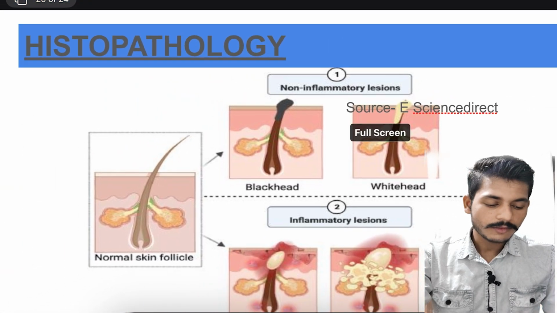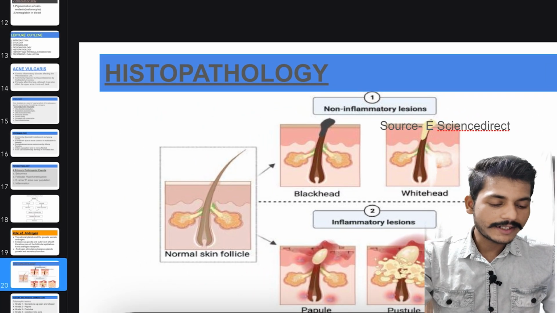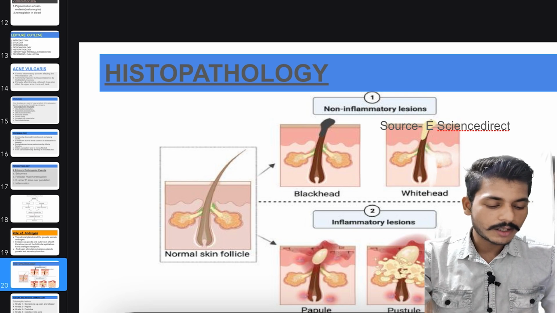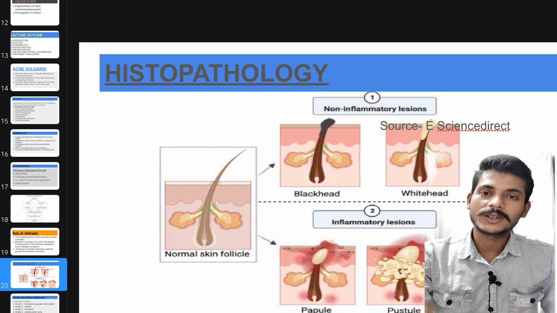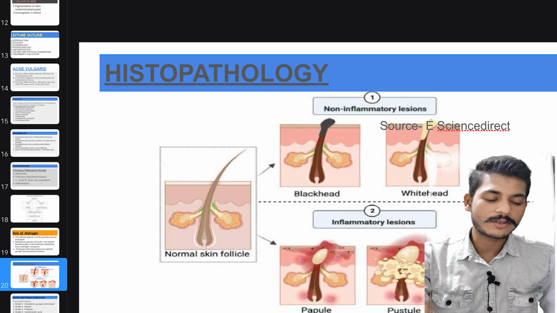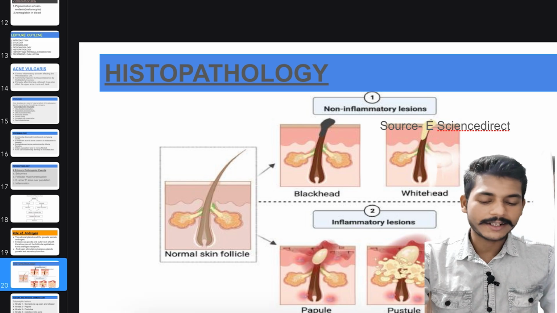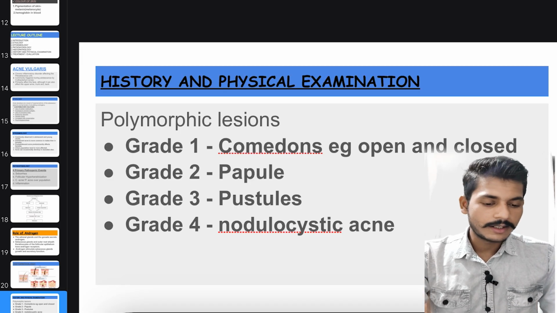Now coming to the inflammatory lesions, which lead to the development of pustules and nodules or cysts. These are the three types of inflammatory lesions of acne vulgaris.